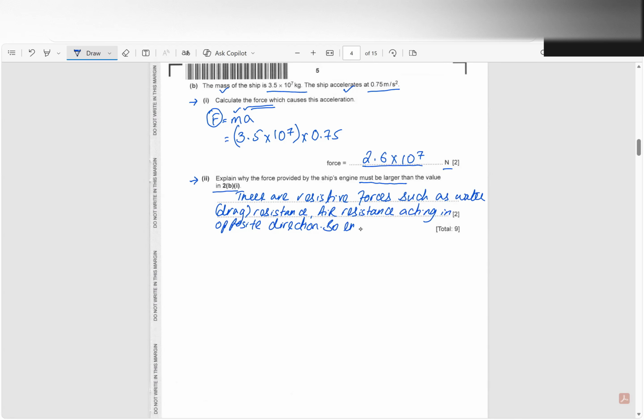So engine must provide enough force to overcome the resistive forces.